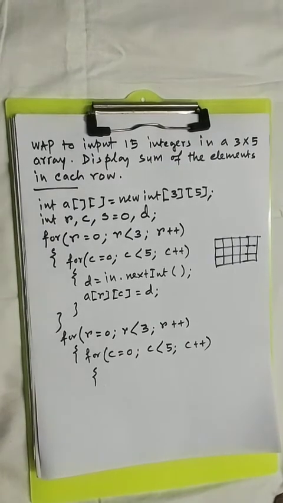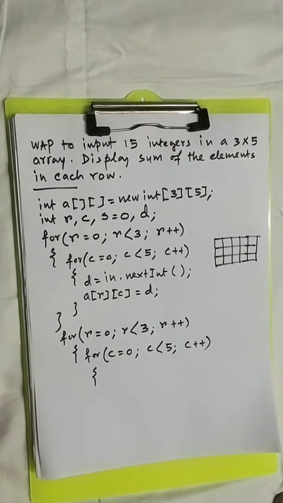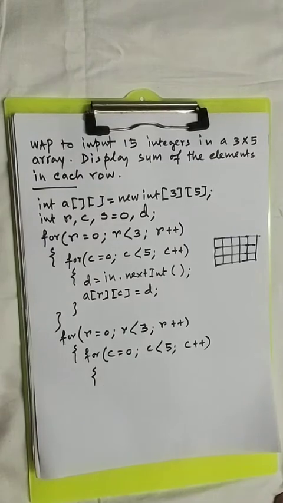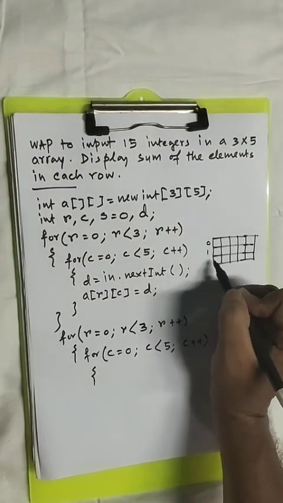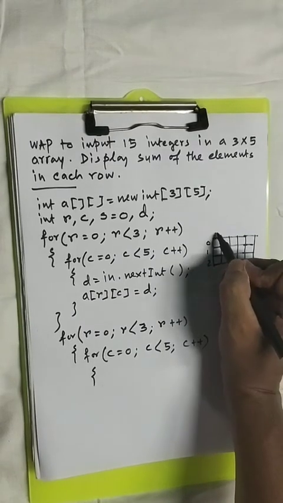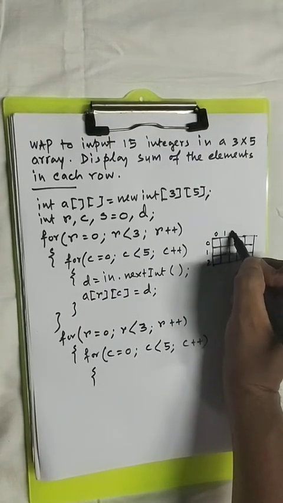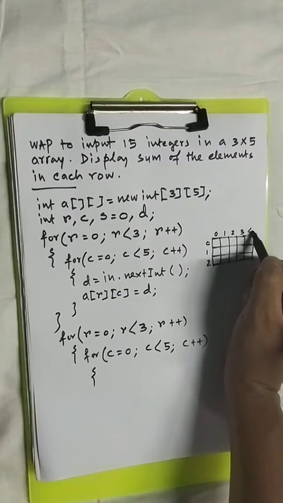and we are to find sum of the elements in each row. These are the rows 0, 1, 2. These are the columns 0, 1, 2, 3, 4.